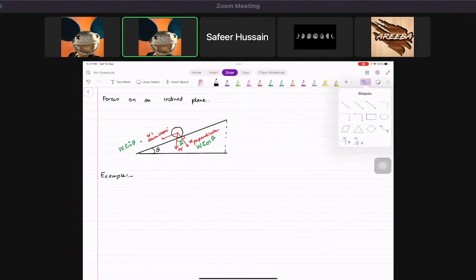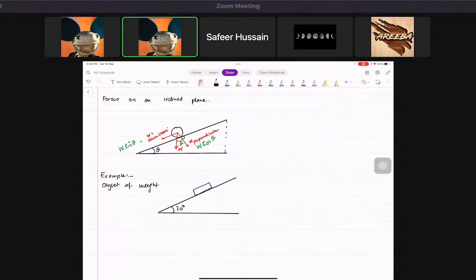Suppose they have shown you an object, and this is 30 degrees, and they say, okay, an object of weight 20 newtons rests on an inclined plane.